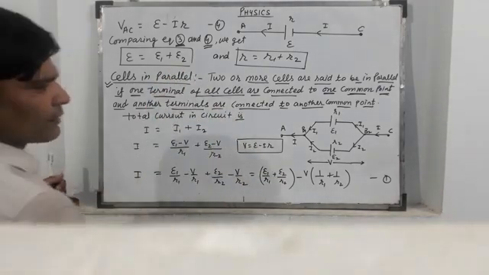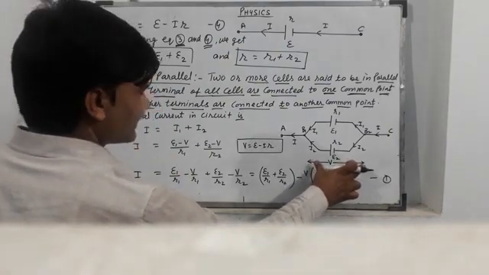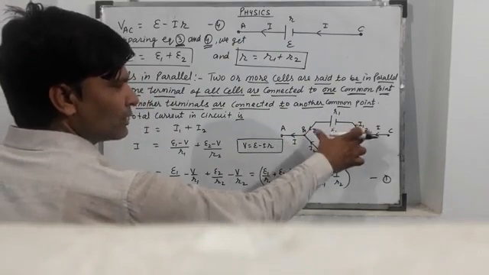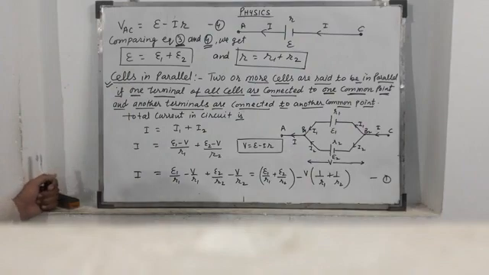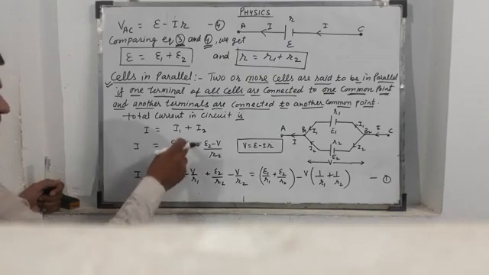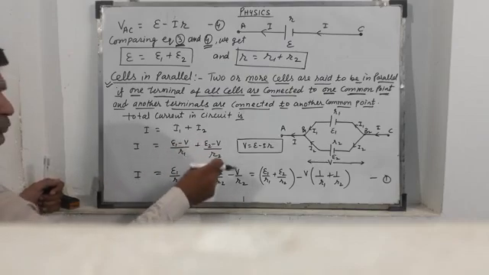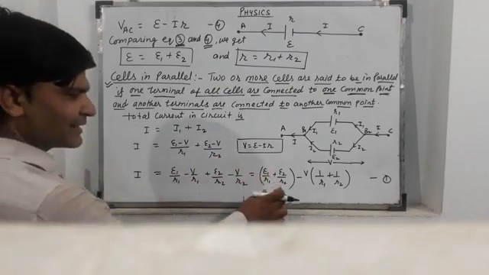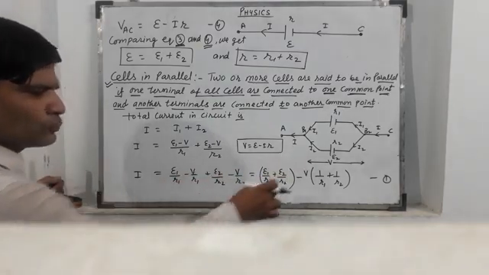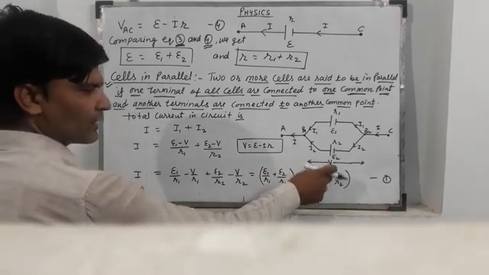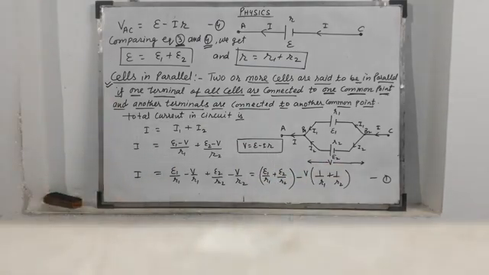In case of parallel, the potential difference remains the same because both cells are connected to the same common points. Then I is equal to E1 upon R1 minus V upon R1 plus E2 upon R2 minus V upon R2. In the next step, E1 upon R1 plus E2 upon R2, and because V is common, minus V times 1 upon R1 plus 1 upon R2. This is equation 1.